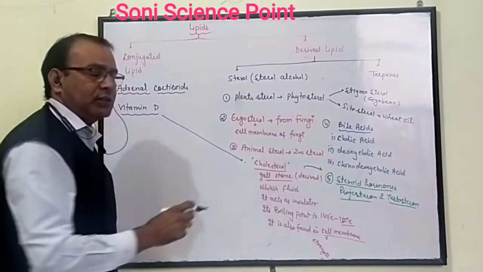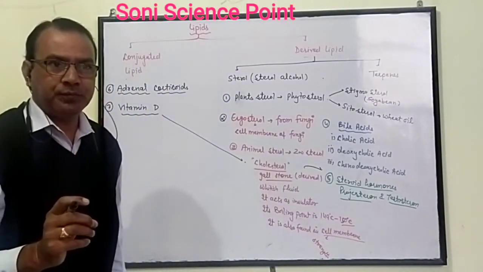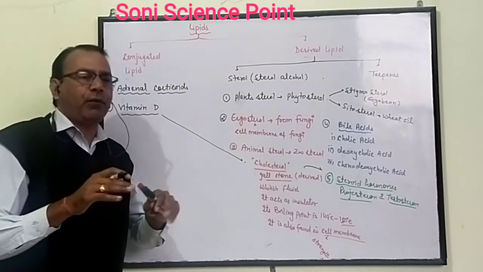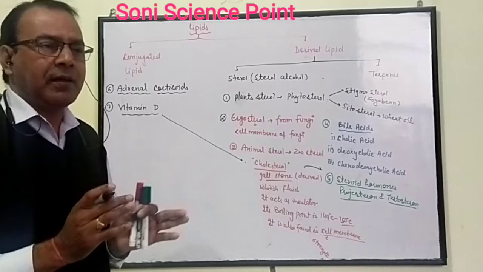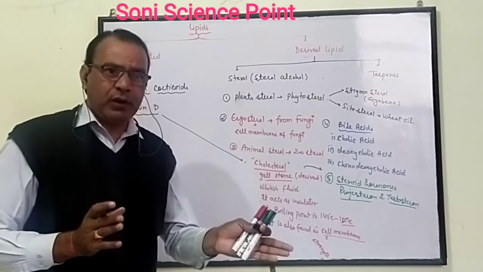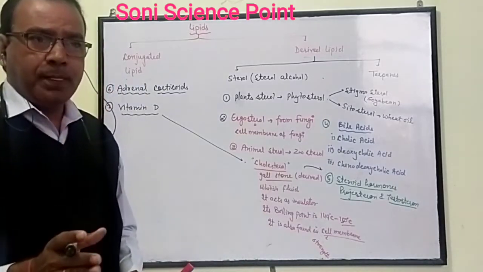So we can see that cholesterol plays a very important role, but up to a limit. On the basis of quantity, we can categorize cholesterol into two parts: good cholesterol and bad cholesterol.